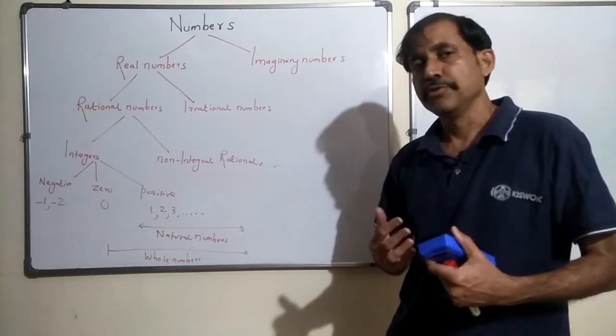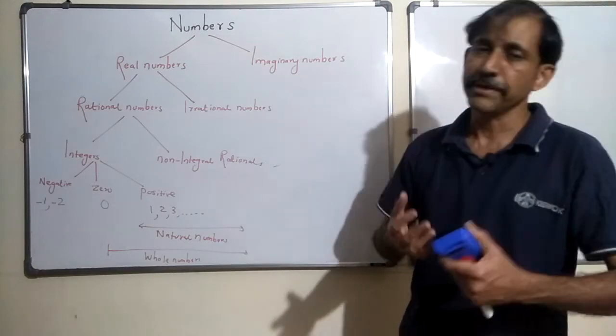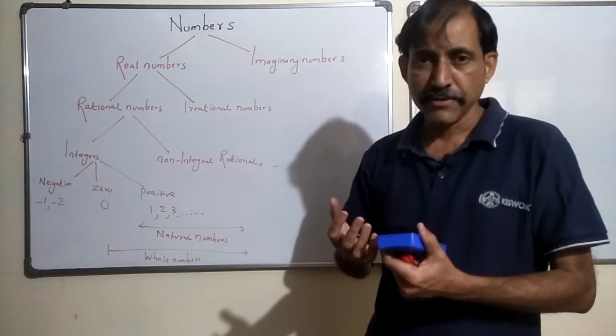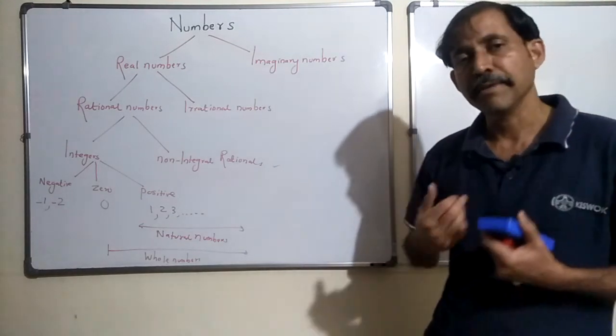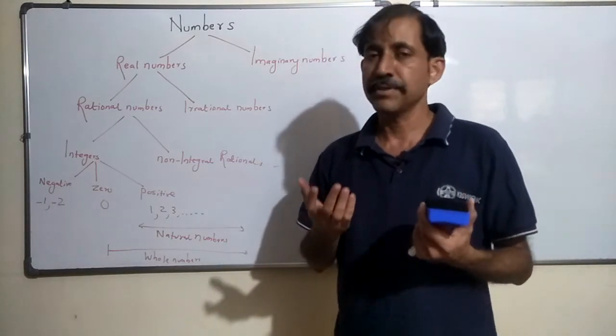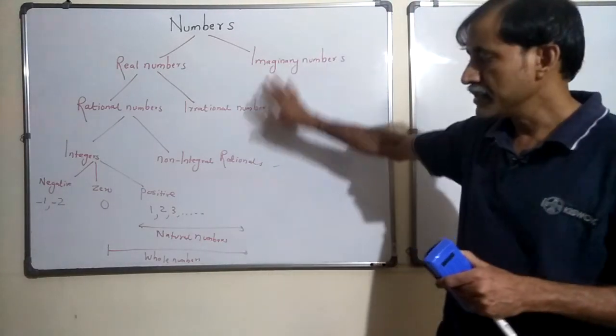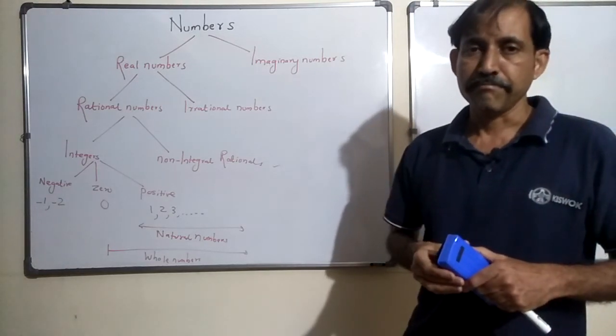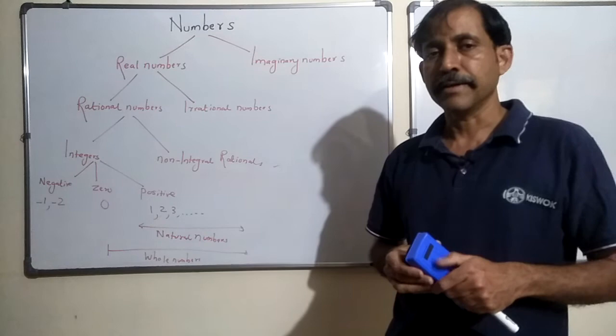In class 10 you would have few examples wherein they would say solve this equation and find the values of x which are natural numbers. So at that time many students scratch their head and try to figure out what natural numbers really are. So if you remember this chart, I believe you will not have any trouble solving those kind of problems and getting the right value of natural numbers.